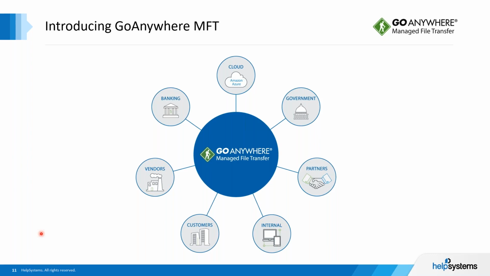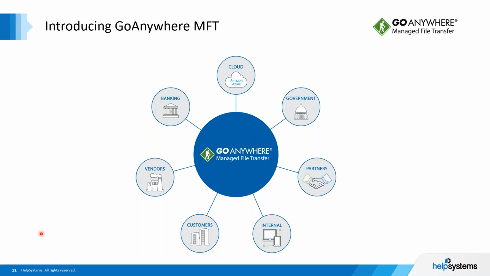You can install it either on-prem or within your own cloud environment, and then you can use it to connect with all your various trading partners, from customers, vendors, internal systems, and so forth. You can also connect to many cloud connectors like Box, Dropbox, Amazon, OneDrive, SharePoint, Google, Jamf, Salesforce. The list goes on and on.